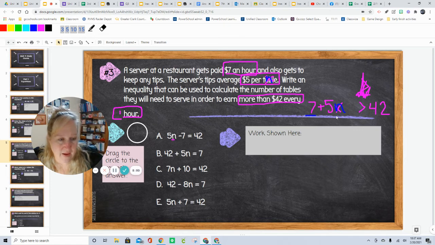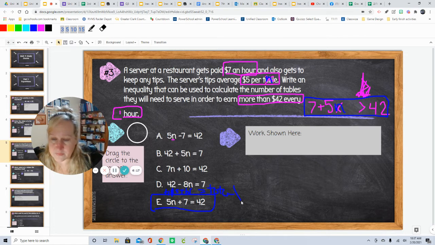Okay, so I have this as my formula. Let's look over here. Do we have this? 7 plus 5N. Yes, it's backwards, but it's still the same thing. So this is tips plus the hourly wage equals the total.